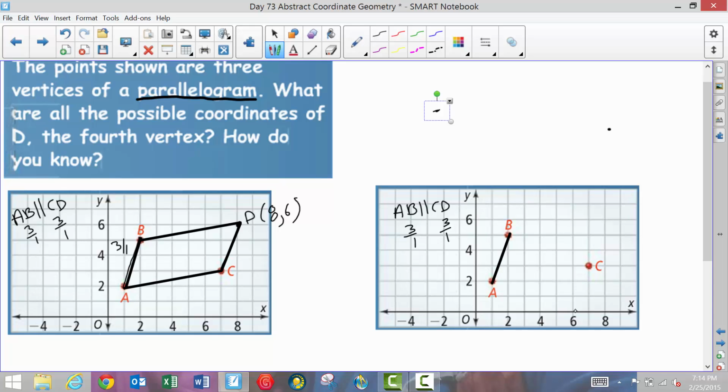So 1, 2, 3 over 1. And here is point D. So you can use slope in your properties of a parallelogram to find the location of your fourth point to complete the parallelogram. Point D is 6, 0. Again, I'm just using the concept of slope, opposite sides are parallel in a parallelogram, to find the location of point D.